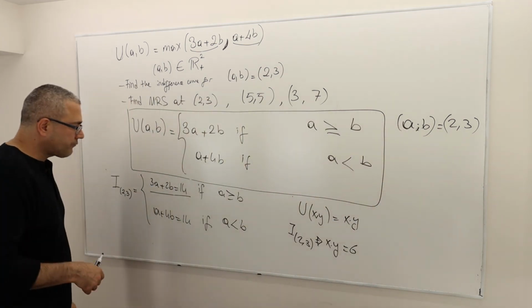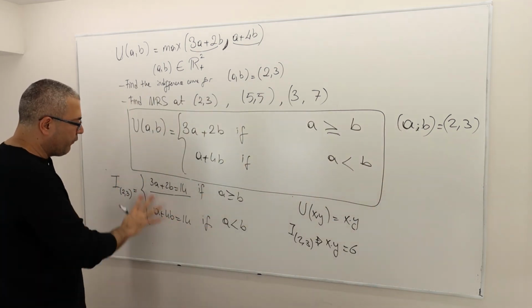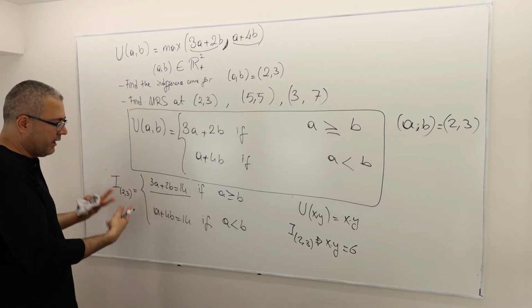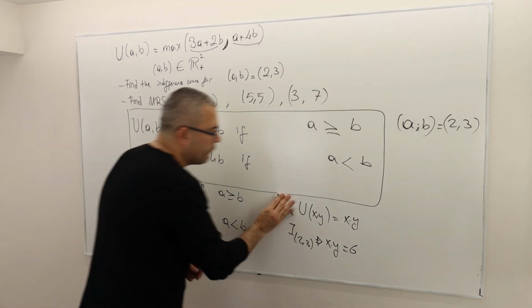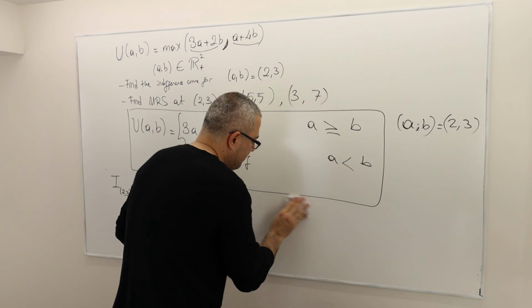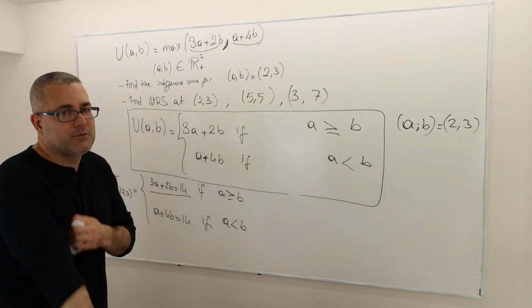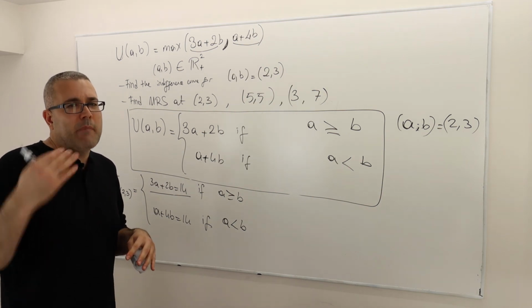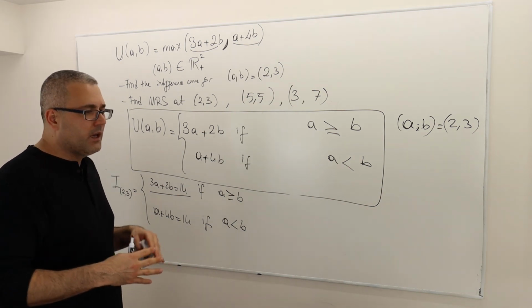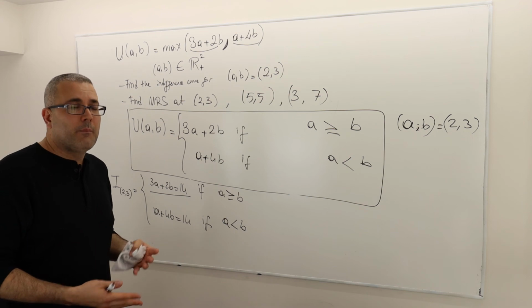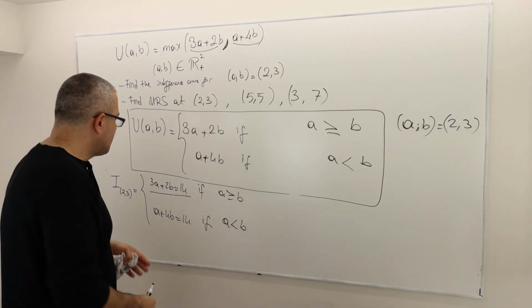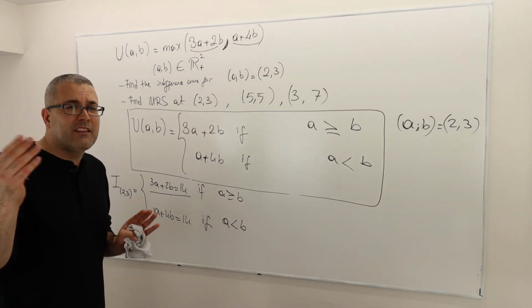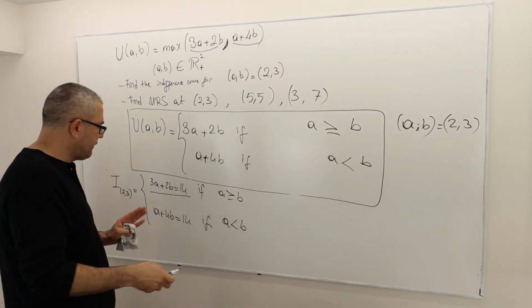By the way, this is not really a formal writing of an indifference curve. Sometimes we definitely allow some flexibility. This is not a math course, so we don't want you to be 100% formal, but there's some sort of a limit, right? So this is not really a 100% mathematically correct way of writing an indifference curve.